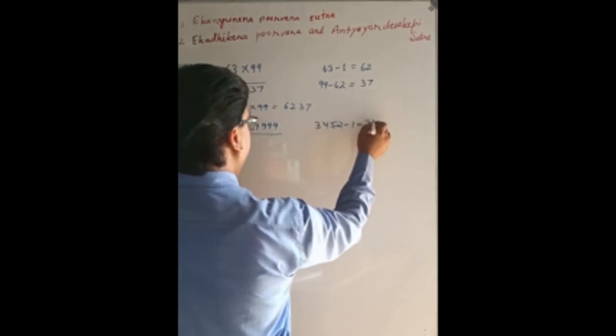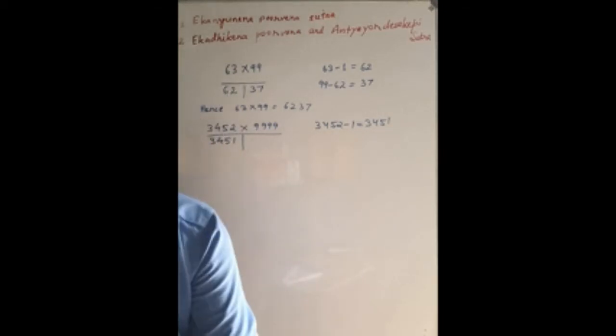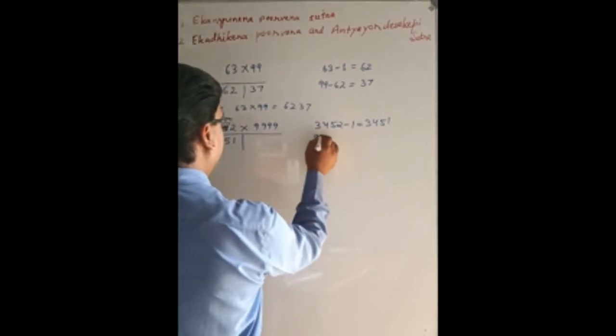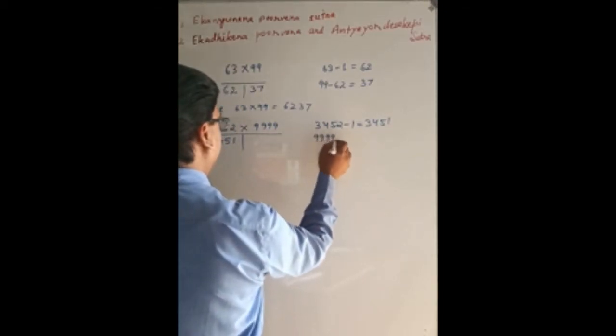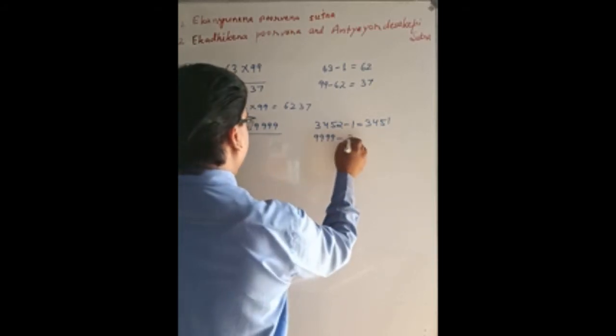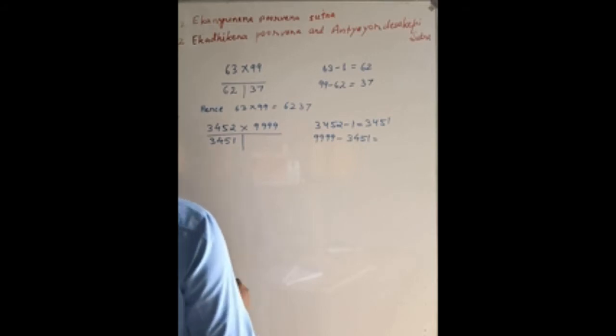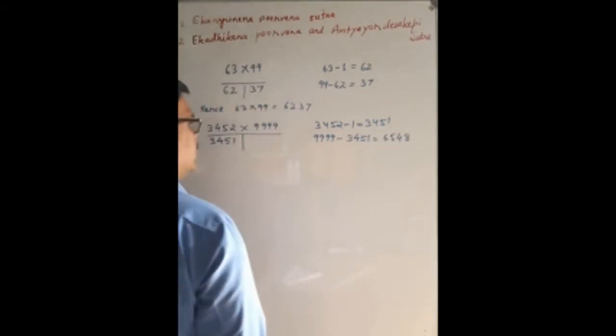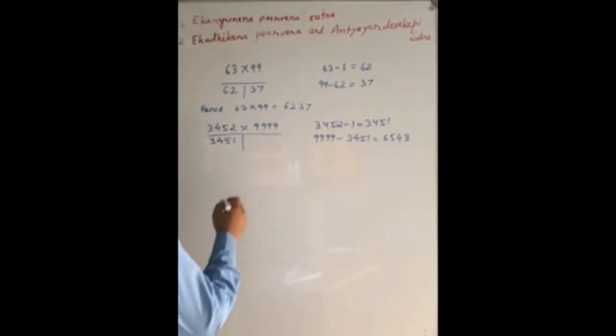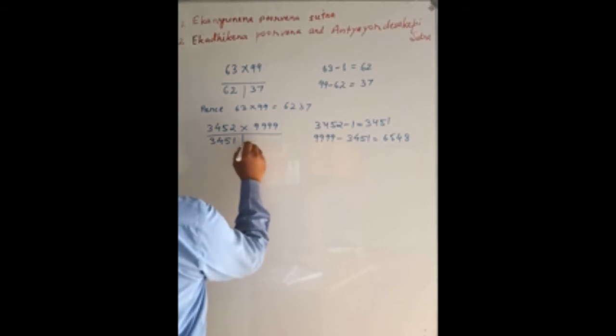We get 3451. Then 9999 minus 3451, we get 6548. This is the right side of the answer.